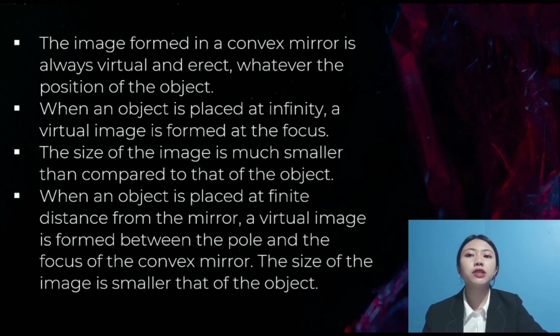The size of the image is much smaller compared to that of the object. When an object is placed at a finite distance from the mirror, a virtual image is formed between the pole and the focus of the convex mirror. The size of the image is smaller than that of the object.